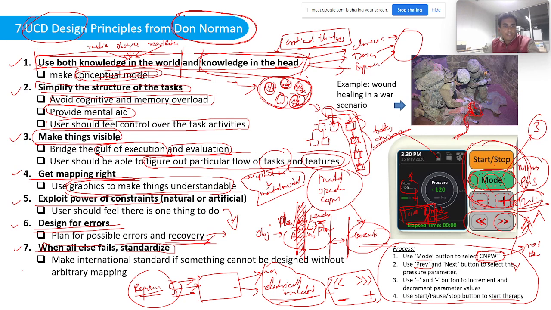For example, in a mobile phone, the positioning of the front camera, where it should be positioned, is not defined by the user, but now it's a standard. Every phone has the camera at this particular location. This is the best possible way engineers can solve the problem of perspective.